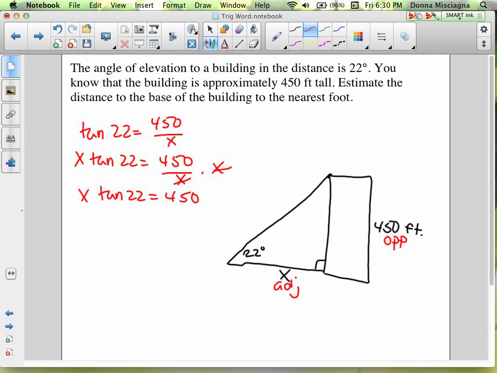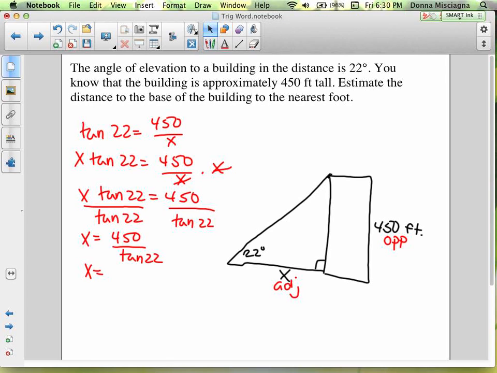But our variable's not isolated yet. We're going to have to divide both sides by tangent 22. So we have x equals 450 divided by tangent 22. Let's plug that into a calculator.